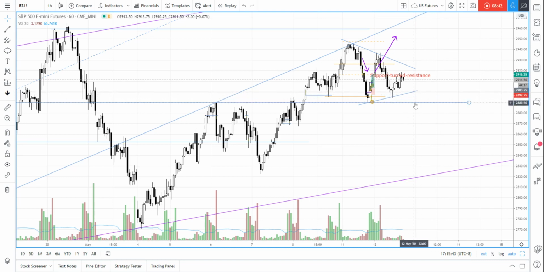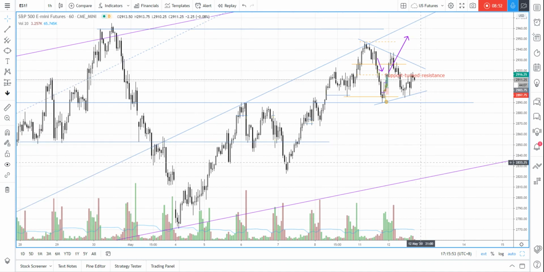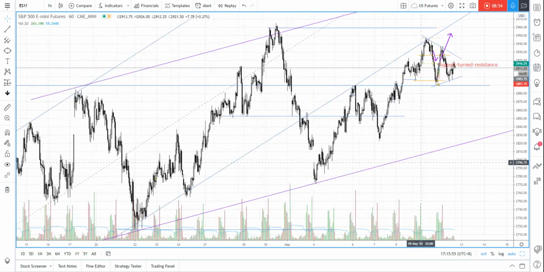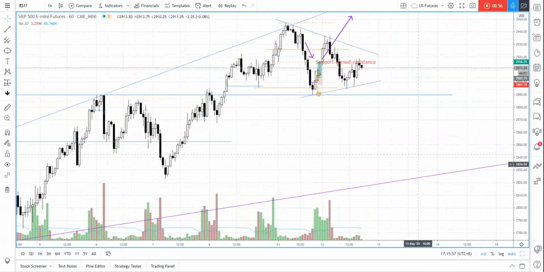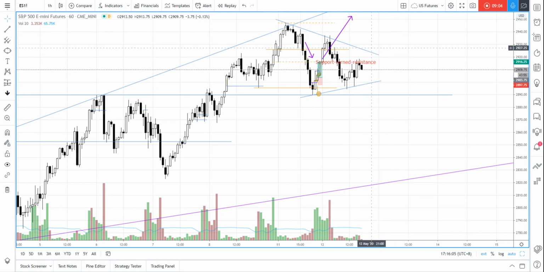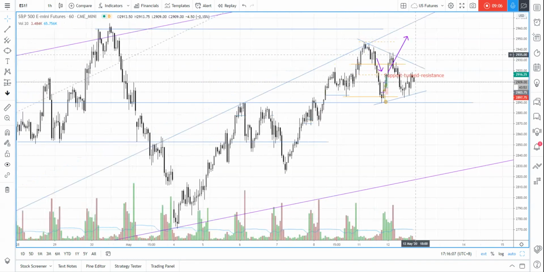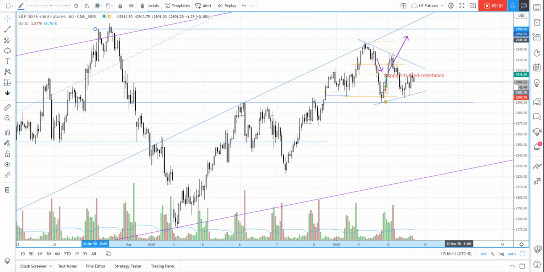A break below 2900 will see S&P 500 test 2850, which is the supporting level and also the swing low here. If it continues to inch up and breaks out above this apex formation, I think we'll see higher targets, at least to the swing high here, 2960.